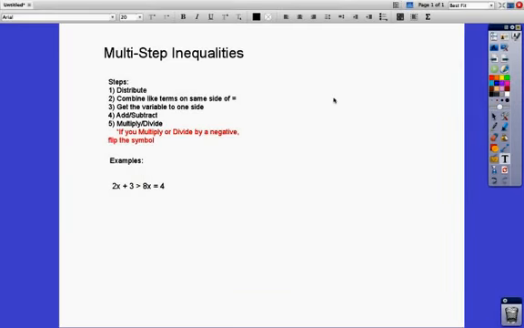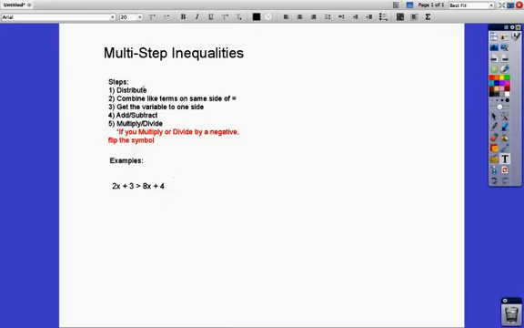Alright, so another topic we need to talk about today is multi-step inequalities, which are the problems with these symbols. So in this case, this is a greater than symbol. A symbol going in the other direction would be a less than symbol. The steps you follow to solve these problems are exactly like the steps for solving equations.